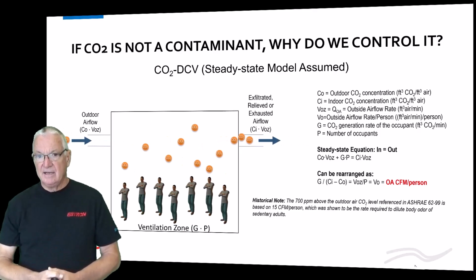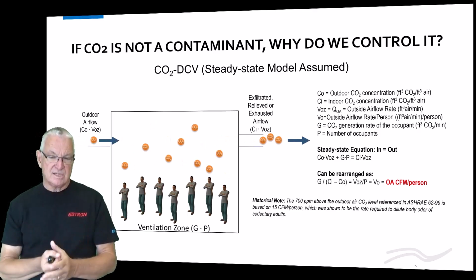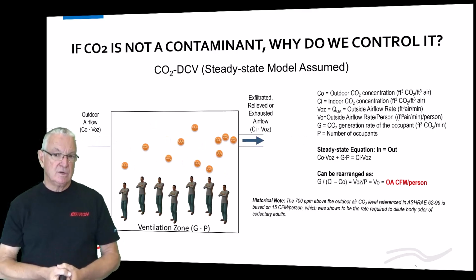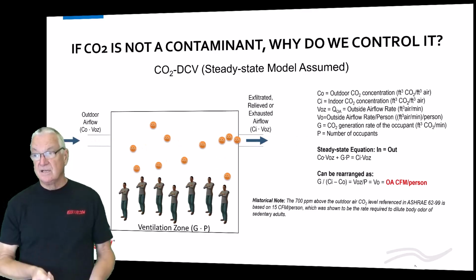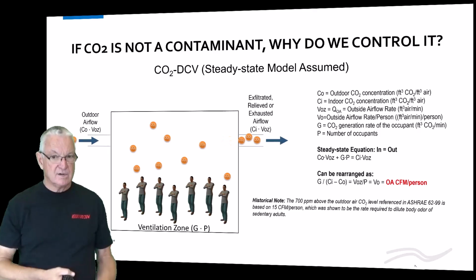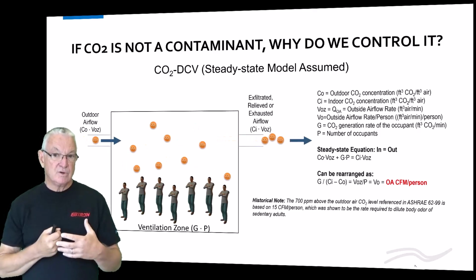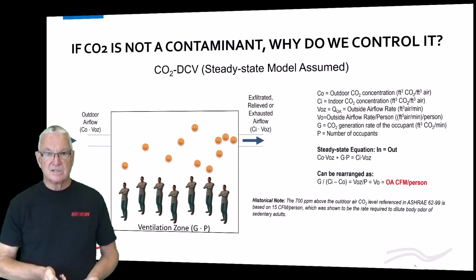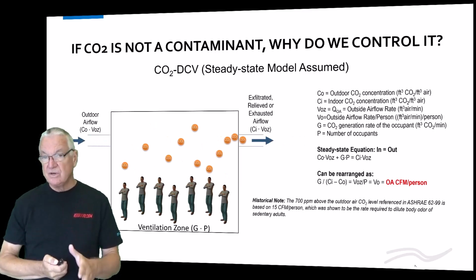And all the statements about, hey, most likely diluted body odor is true, but it doesn't mean that you've met the requirements of the standard, and it certainly has nothing to do with CO2 being a contaminant or having good air quality. It just means that if you're at 700 parts per million or less, you're most likely bringing in at least 15 CFM per person. That's what this is about.